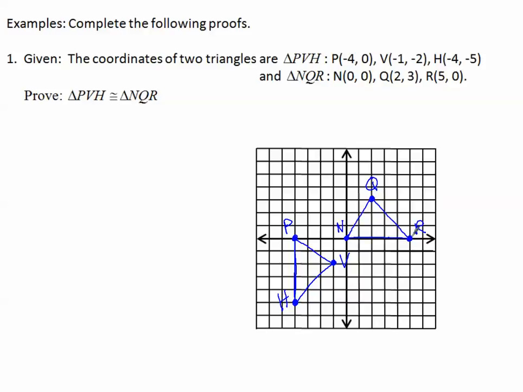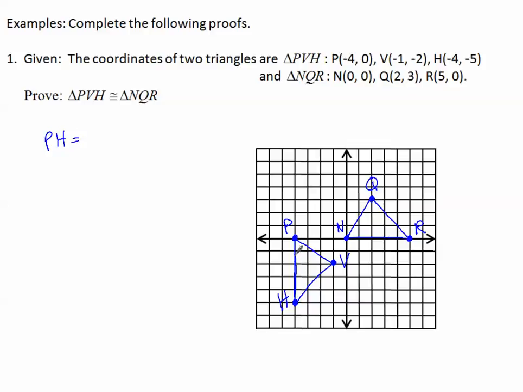So how are we going to prove that these triangles are congruent? We're not given any information about which parts are congruent, but in a coordinate plane, we can find lengths of segments. So we can find these side lengths. Let's start with some of the ones that are easiest to find, like the ones that go right along the grid lines that are just vertical or horizontal, like PH. We can just count the blocks.